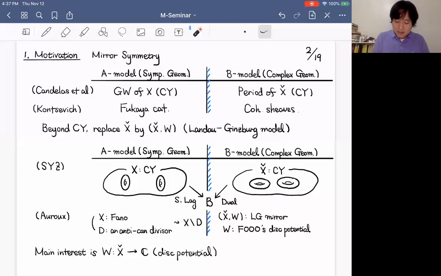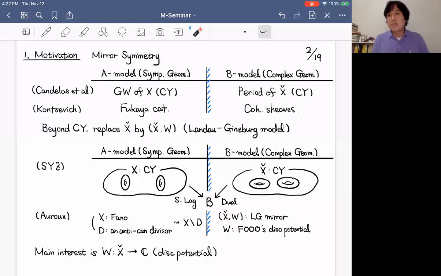This is done by considering the complement of an anti-canonical divisor. On the complement we consider the Lagrangian fibration, and by dualizing we can obtain the mirror space.